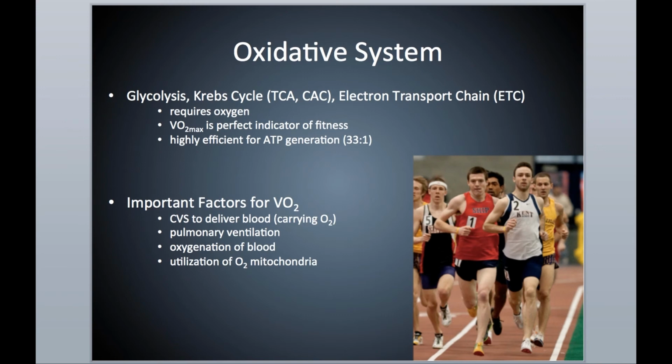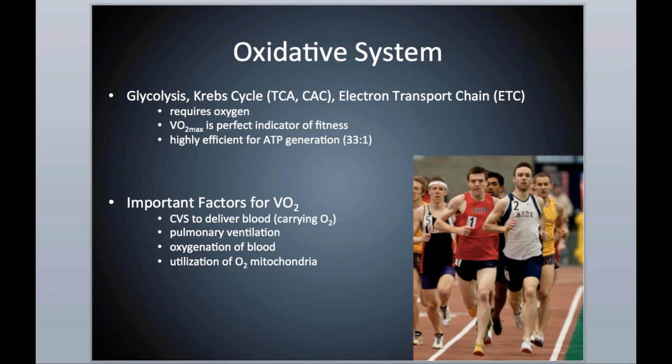So, how well the cardiovascular system is working. Pulmonary ventilation, how well the lungs are doing what they're supposed to be doing. The pulmonary system and the cardiovascular system kind of go hand in hand. If one's not working well, if there's some type of disease or condition, it's going to hinder the entire system.